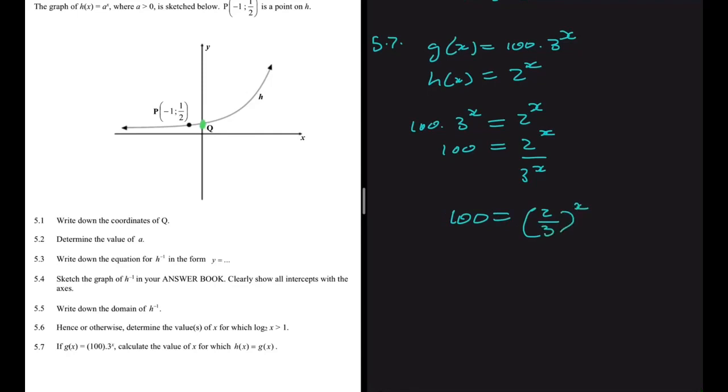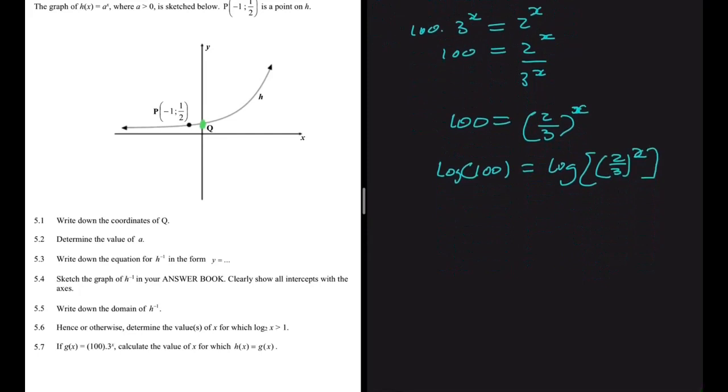So in order to solve for x here, we can introduce log on both sides. So we can say that log of 100 is equal to log of 2 divided by 3, everything to the power x, right? So what is log of 100? Log of 100 is 2, right? And then this is equal to, now that we've introduced log, we can bring the exponent down, right?